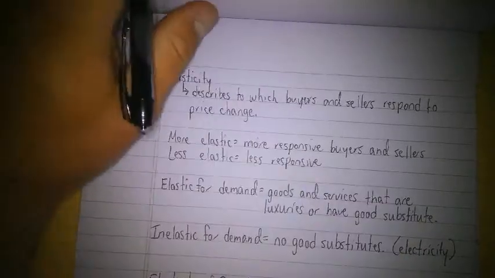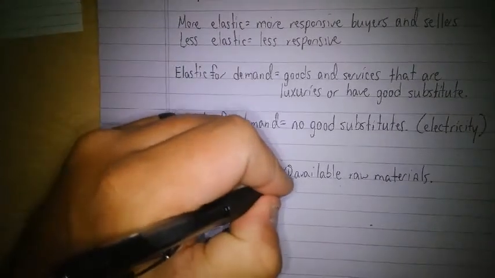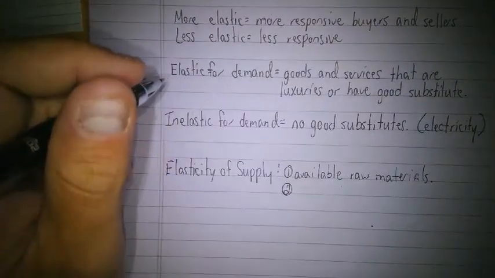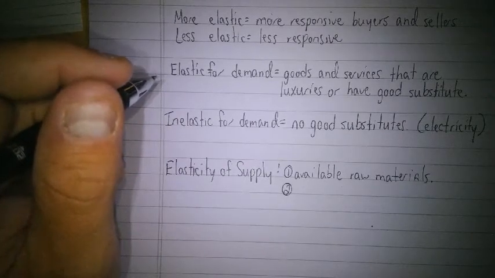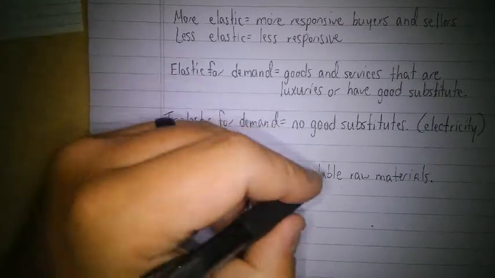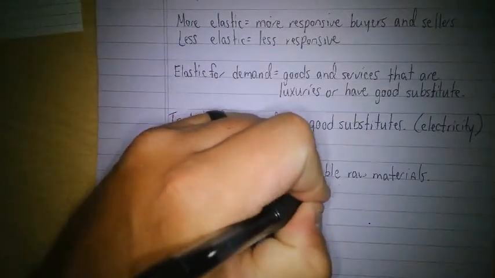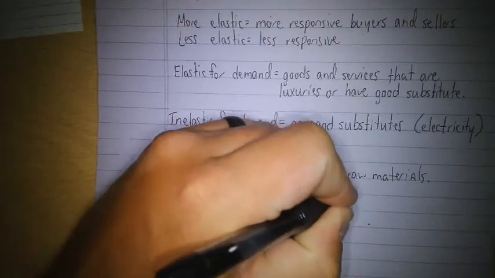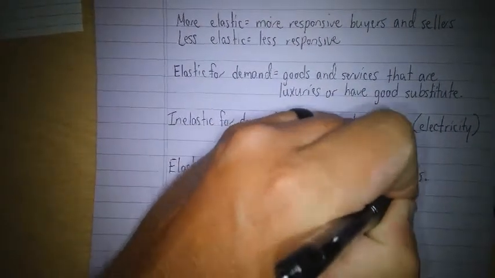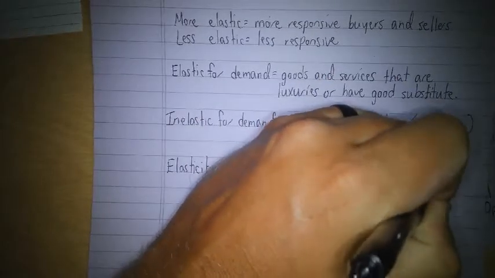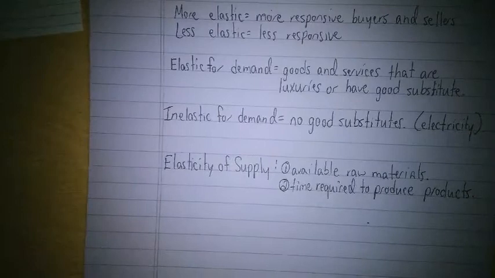Okay, that's 1. The availability of raw materials. The second one, I'll put down time required to produce good or service. And that's how I'd leave it. Time required to produce products.